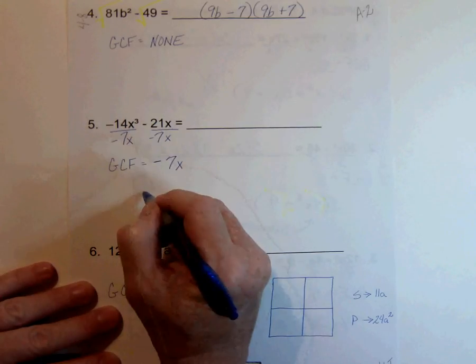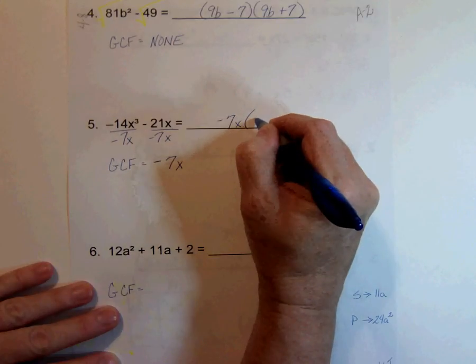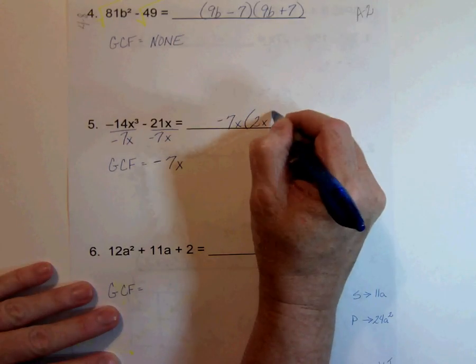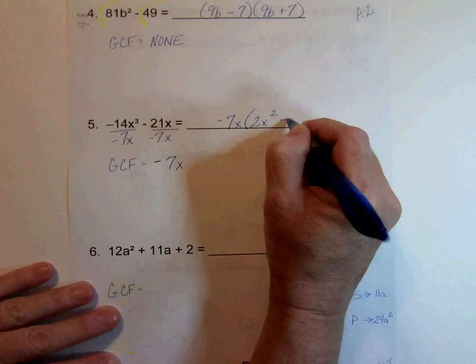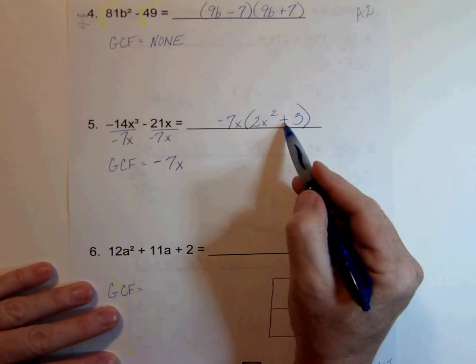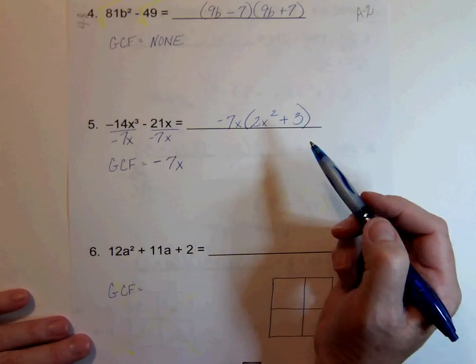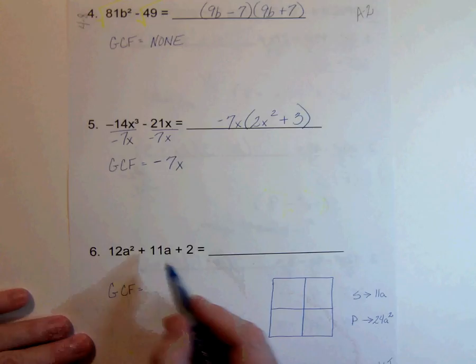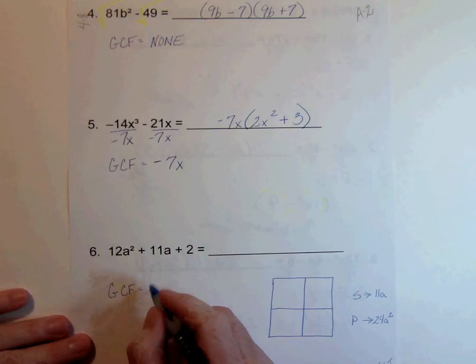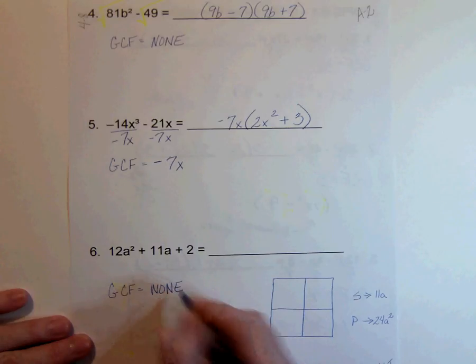So this becomes negative 7x, and when you do the division, you get 2x squared. Actually, two negatives make a positive, so that's going to be plus 3. That's not a difference of squares, so this is completely factored. Okay, last one. Because this is an 11, that's a prime number, there's no greatest common factor on this one either.